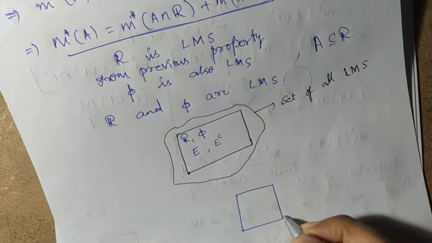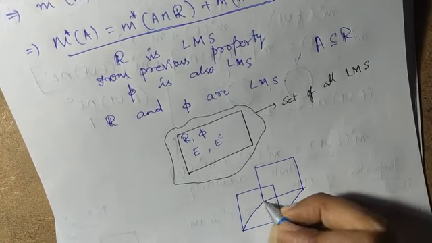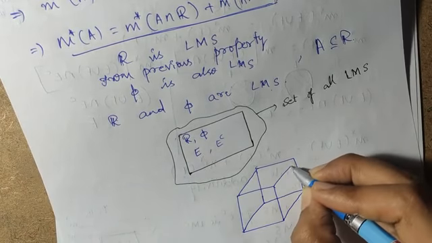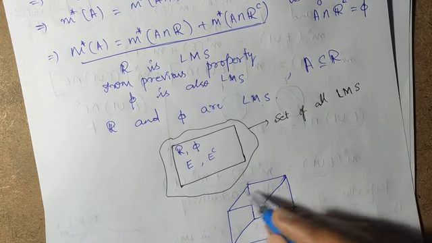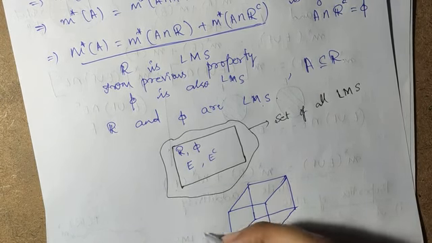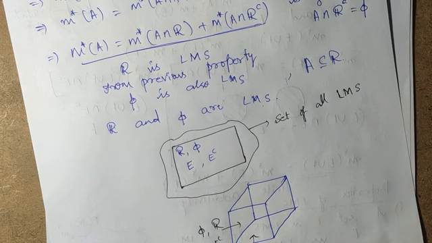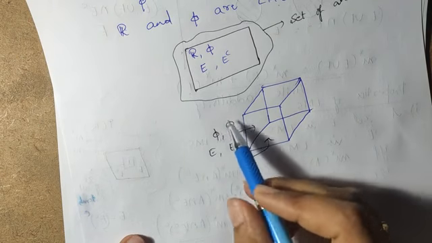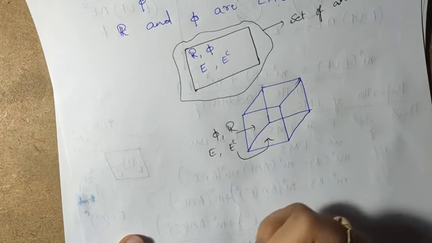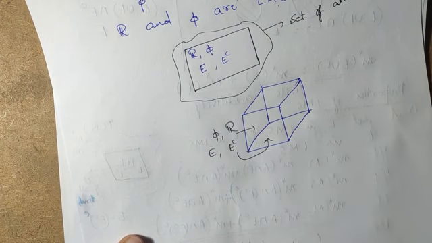If I consider this is my Lebesgue measurable set box, inside this box I have the empty set, R, E complement, everything is there. Okay, so let's see what other things are contained in this box. So these are the basic things we got from our property.